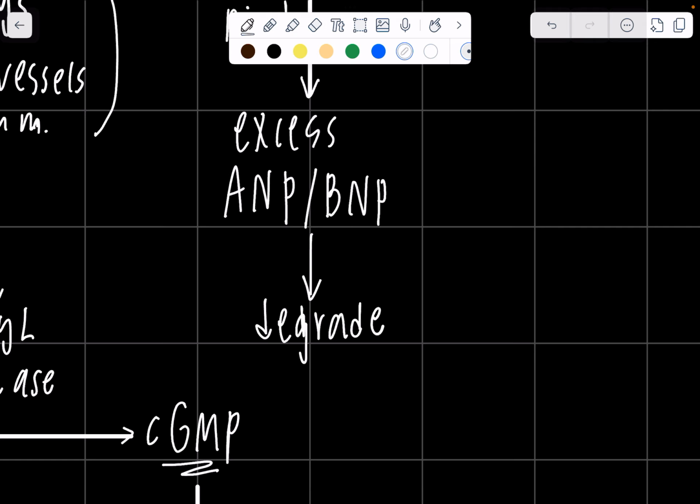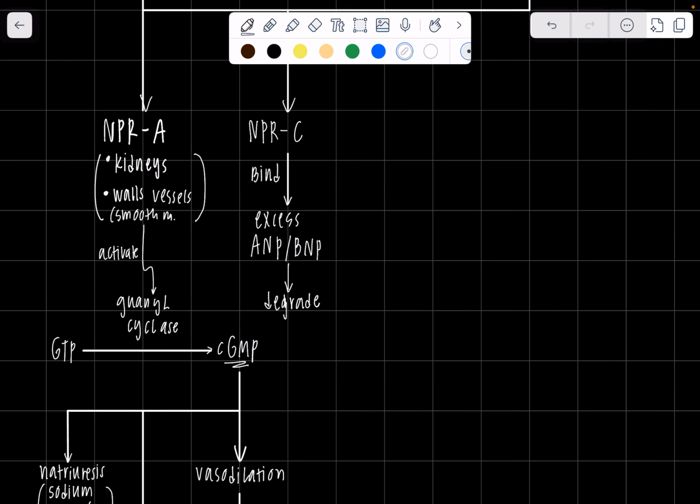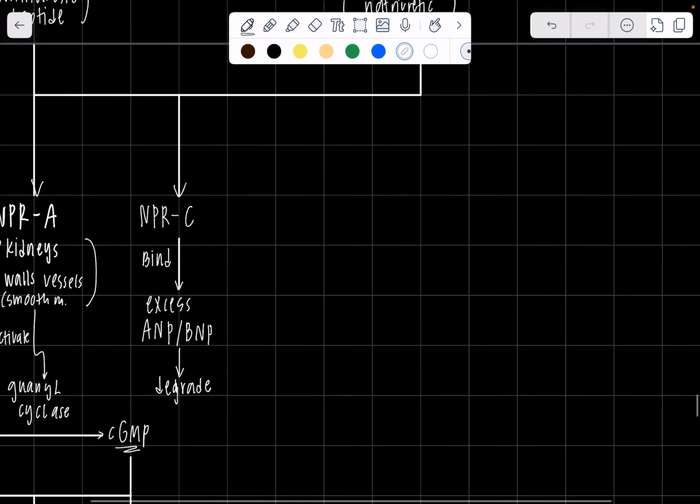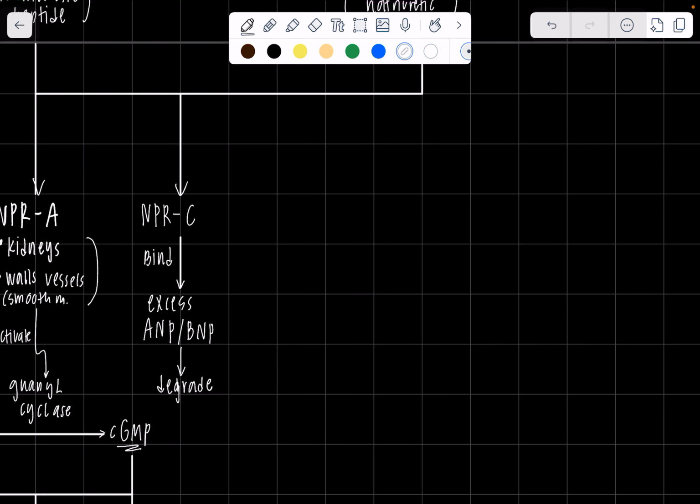Again, this is important because it is a negative feedback mechanism for the ANP BNP pathway. It's what helps prevent us from overcorrecting that blood pressure, right? And making a patient hypotensive, because that's just as bad as a patient being hypertensive, just for different reasons.